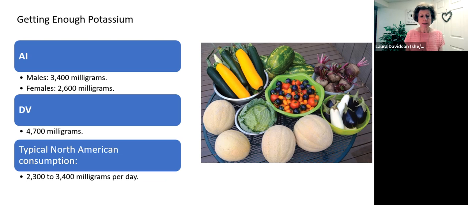Okay, so you see a lot of them here. What's important to keep in mind is that an ultra-processed food diet is high in sodium and low in potassium, and the reverse is true of a whole food plant-based diet. They are high in potassium and low in sodium.